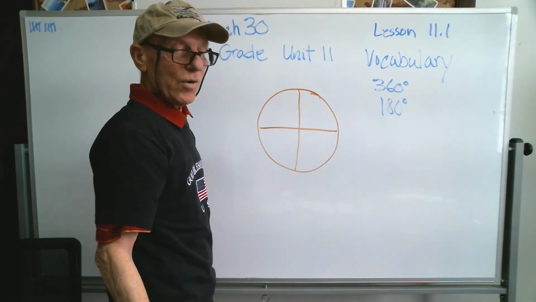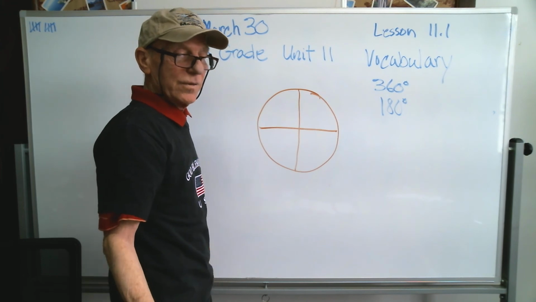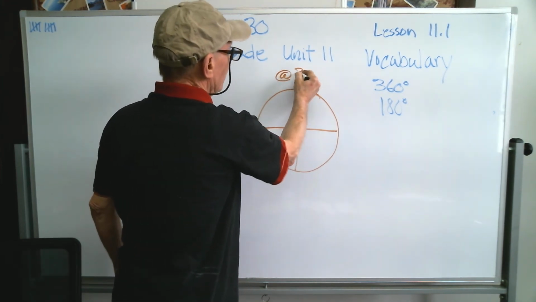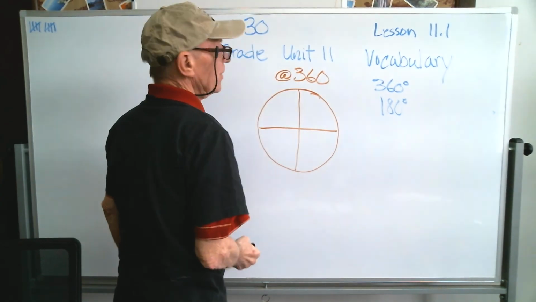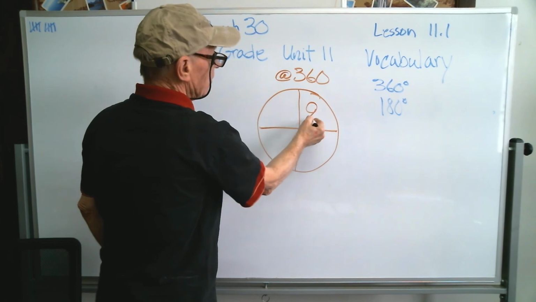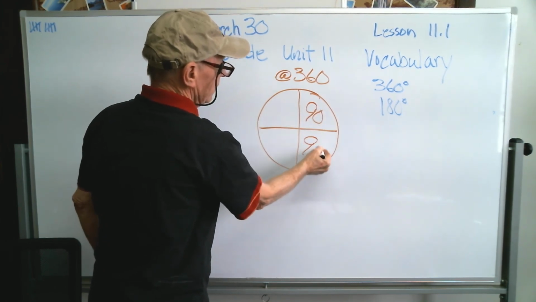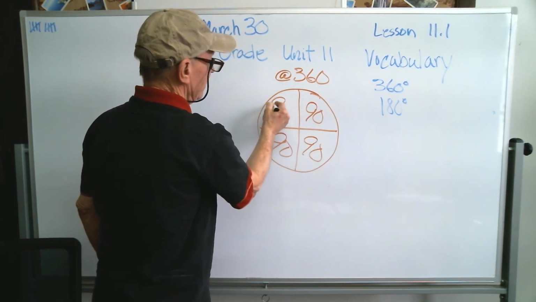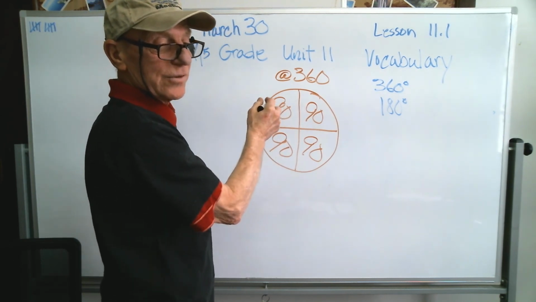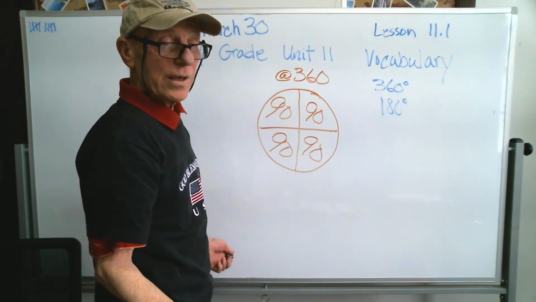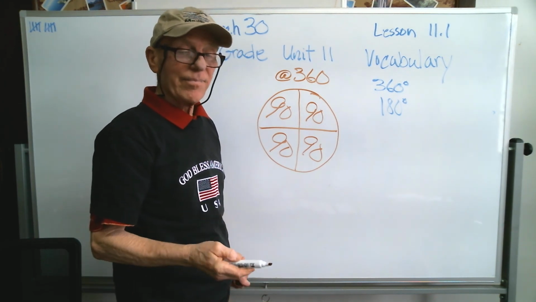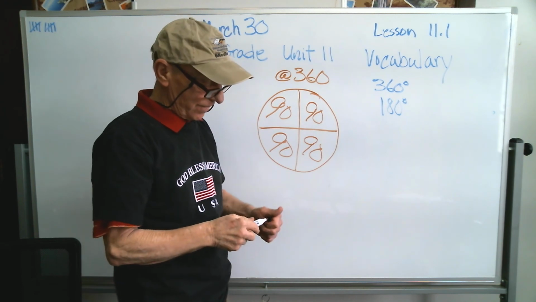That circle is broken into 4 parts. So each one is 1/4. Altogether, it's 360 degrees. So each one of those 1/4 would be equal to 90. Because 90 plus 90 plus 90 plus 90 equals 360. It's the nice thing about math. It always has an answer.